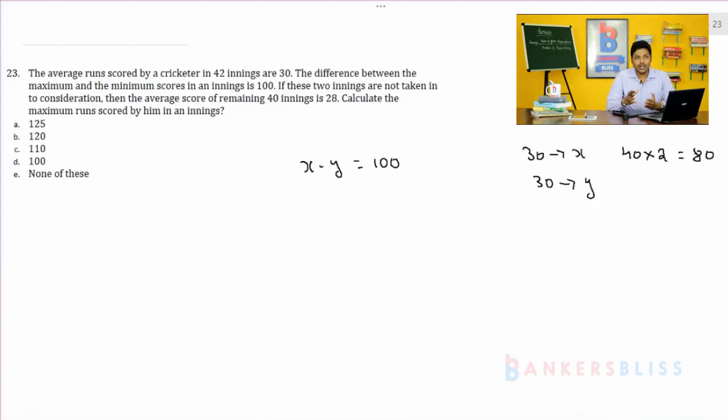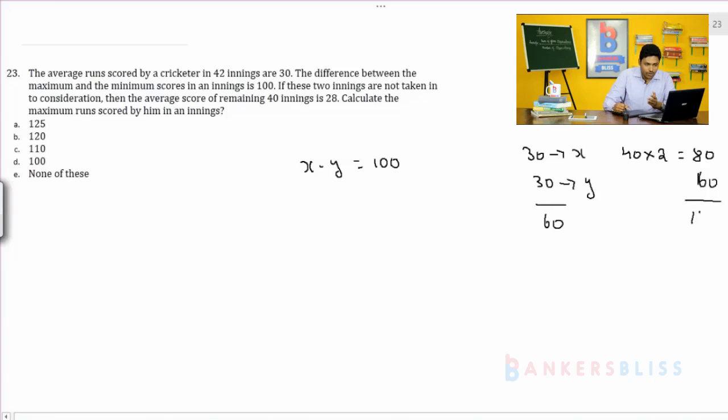When they are not taken into consideration, each and every individual is reduced by 2, so 40 into 2, 80 is reduced, and this 30 they have taken back, so 30 plus 30, 60, so 80 plus 60, 140.